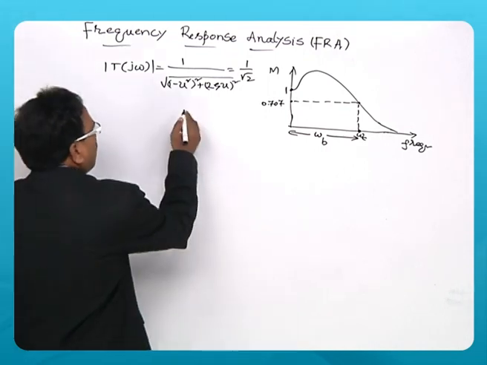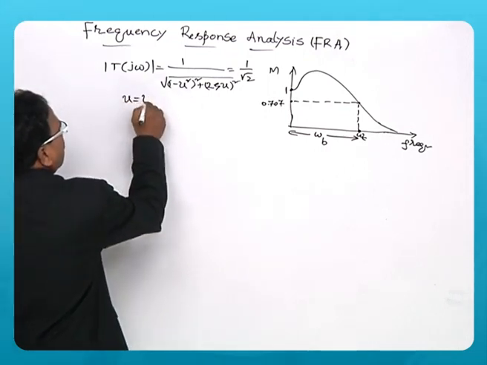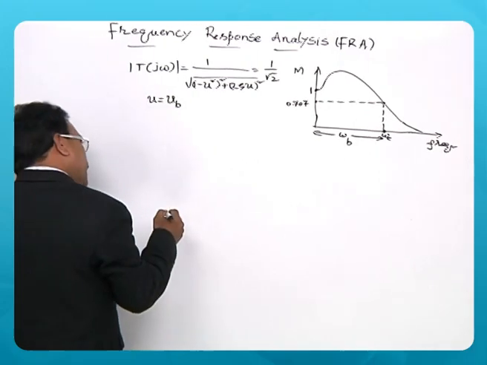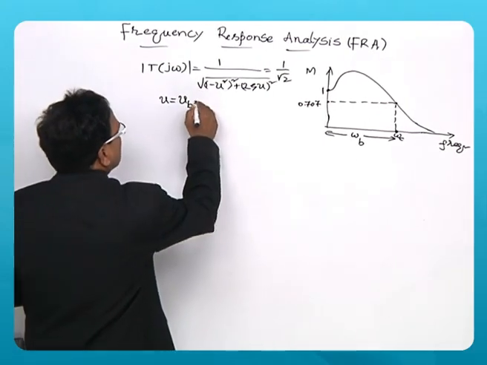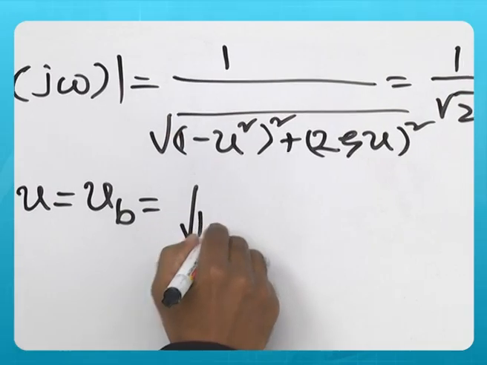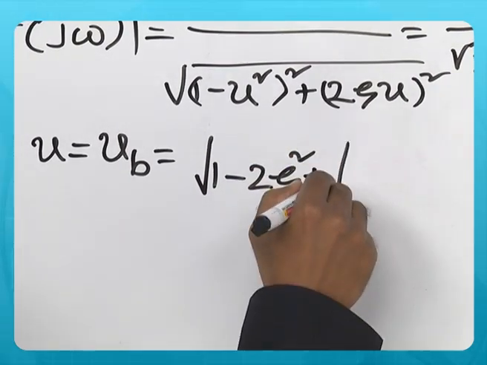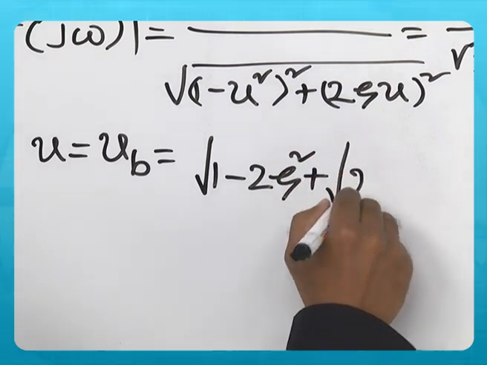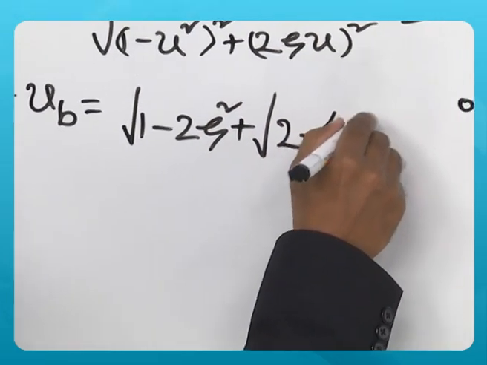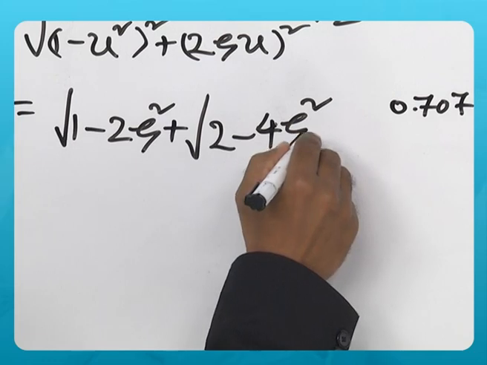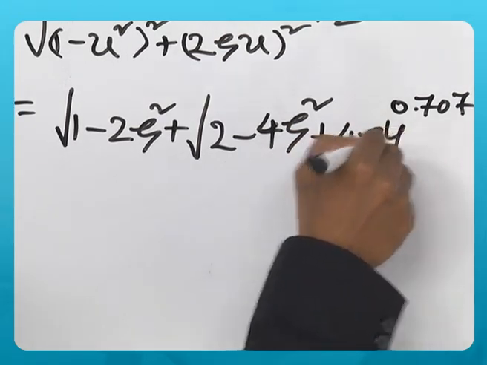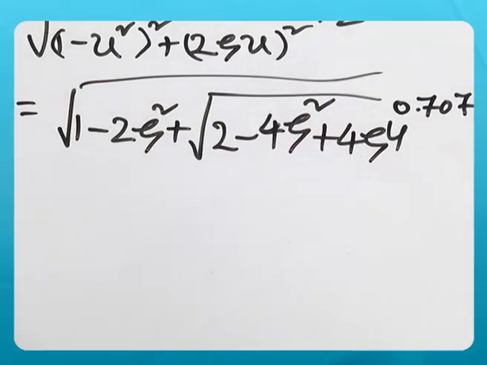So now you need u equal to u b, corresponding to bandwidth, and this u b is equal to under root of 1 minus 2 zeta square plus again the root, you have 2 minus 4 zeta square plus 4 zeta power 4, double root.